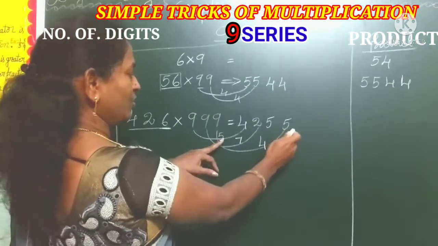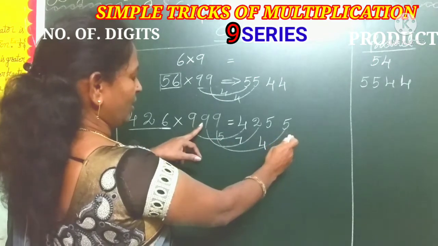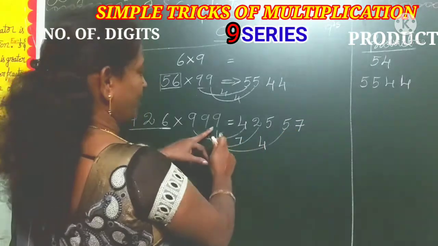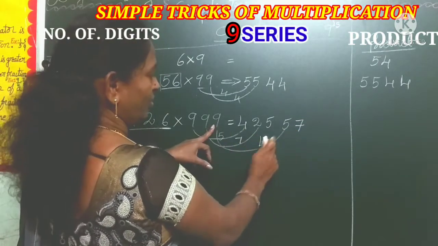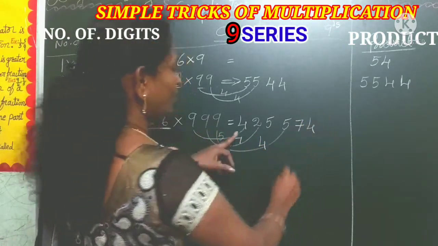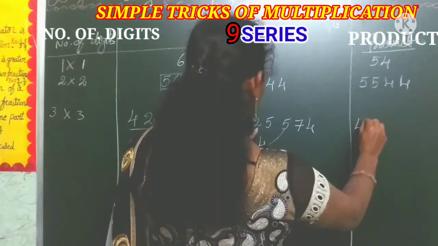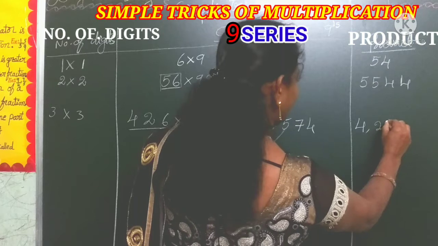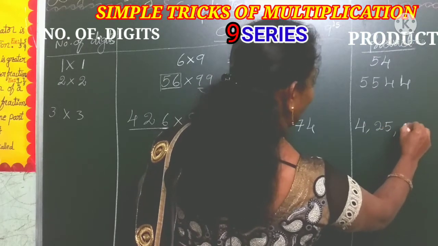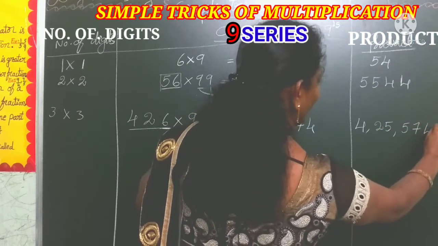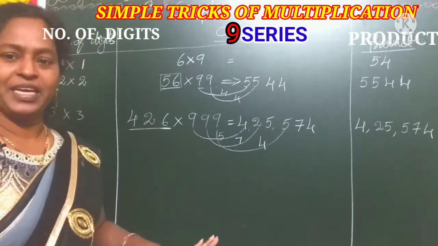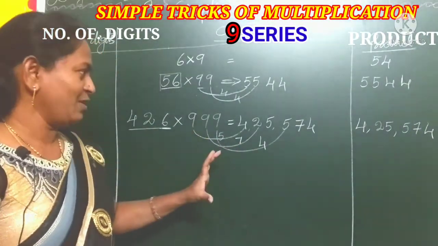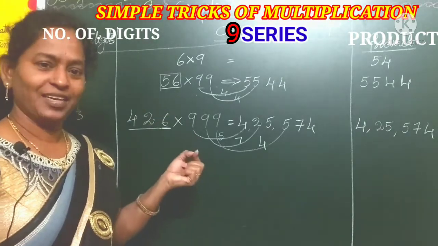Next, 9 and 2: the difference is 7. Next, 9 and 5 is 4. So what is their product? 425574, without multiplication. No steps, direct, only a single step, only a small trick, right?